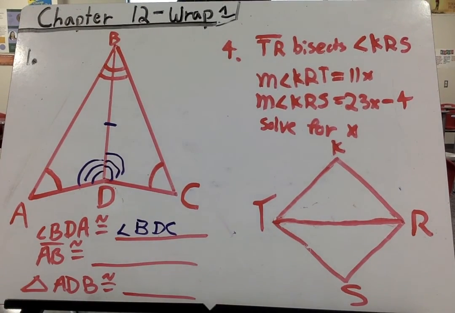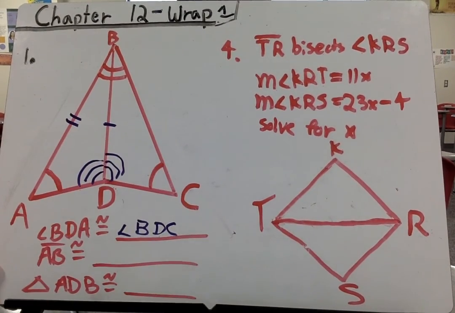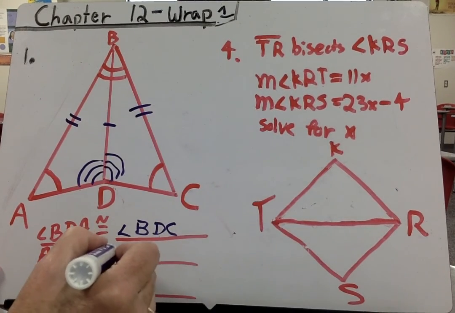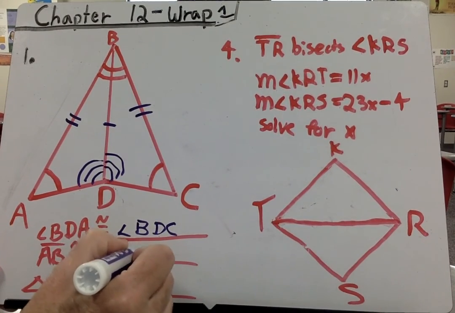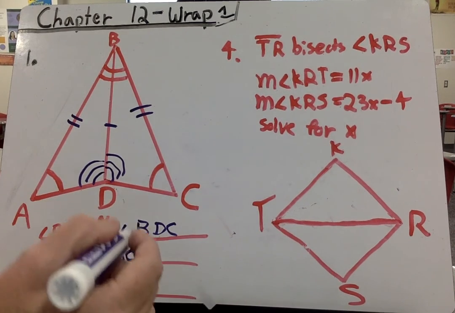Okay. Then it says side AB right here is congruent to what side? Okay, if I line everything up, it has to be this side, so BC. Now, it also says triangle ADB is congruent to CDB.